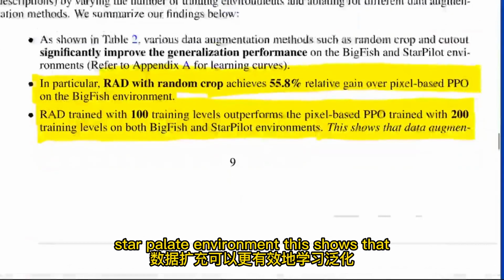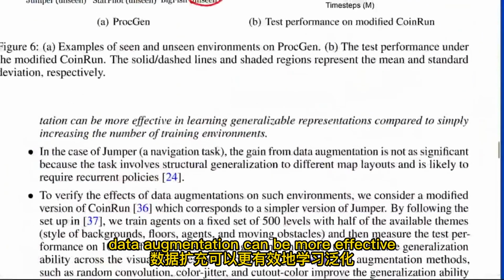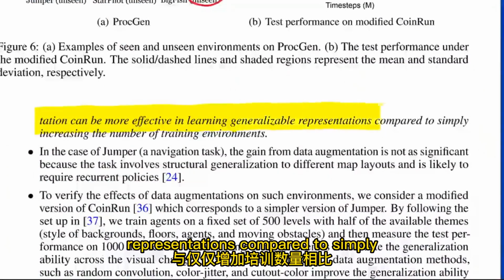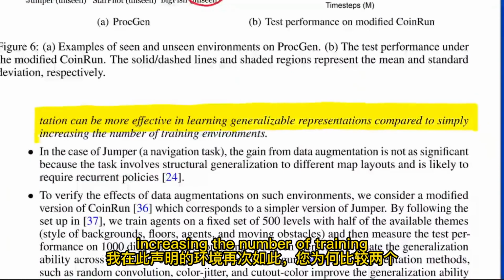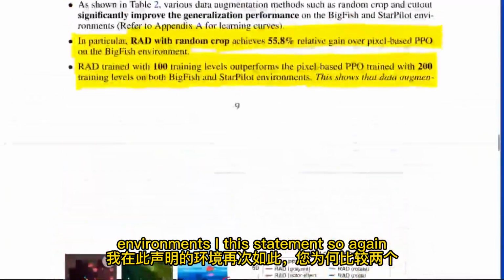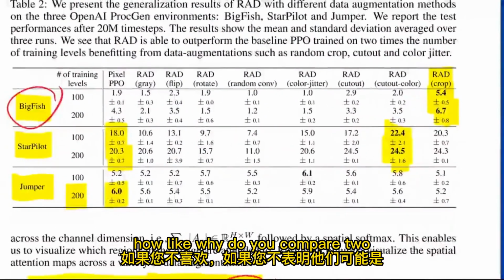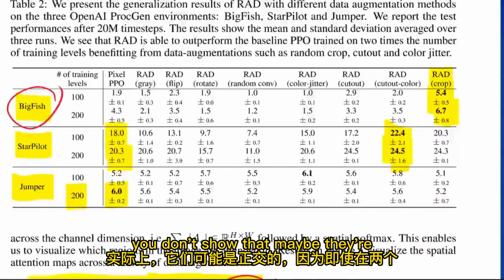This shows that data augmentation can be more effective in learning generalizable representations compared to simply increasing the number of training environments. This statement, so again, why do you compare two different things if you don't show that maybe they're orthogonal?